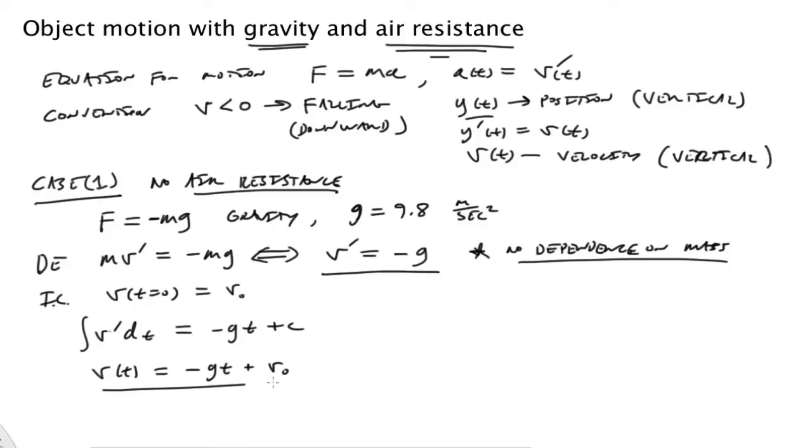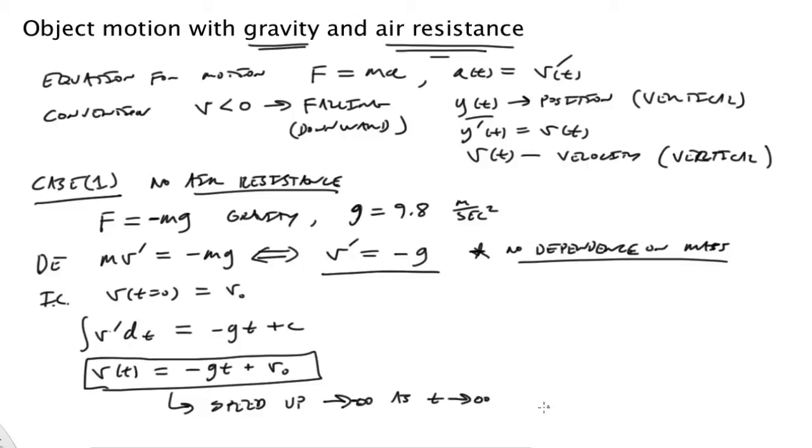Okay, so there's our solution, and we see that this is downward motion that is increasing. Because g is a positive number, we get this speed up to negative infinity as t goes to infinity.